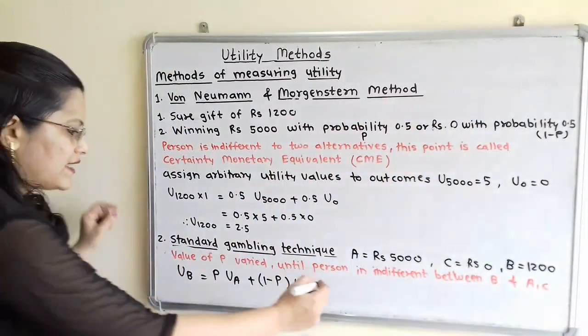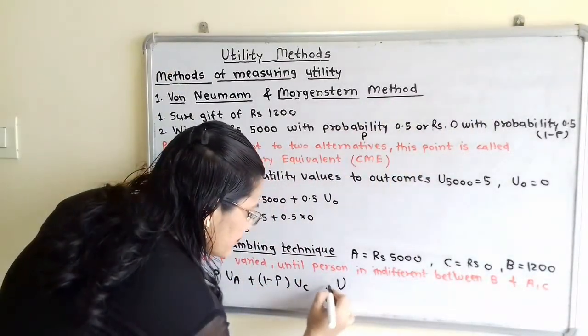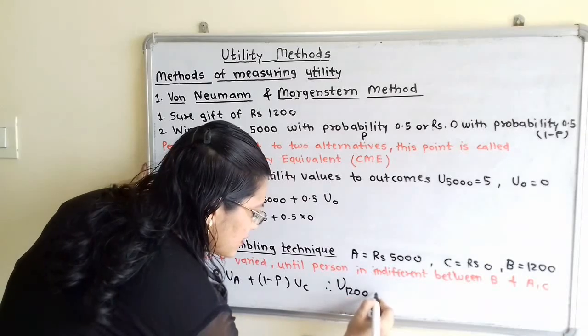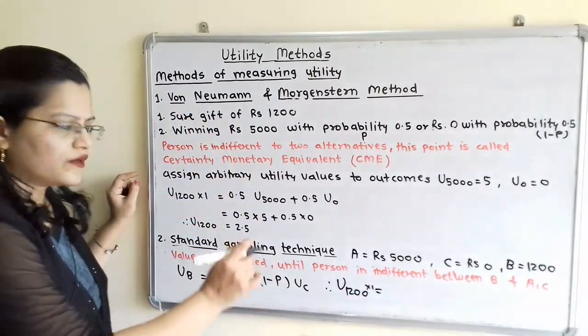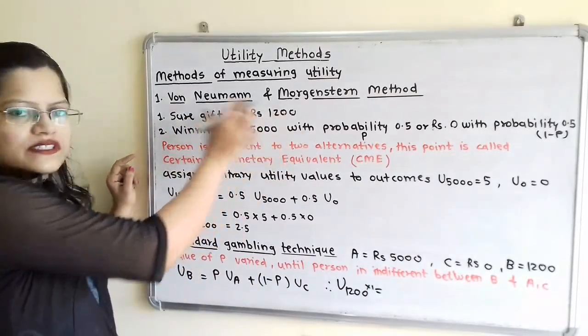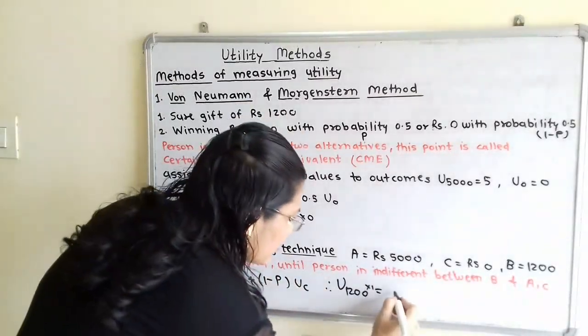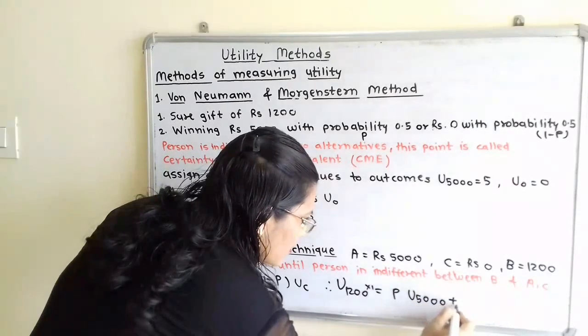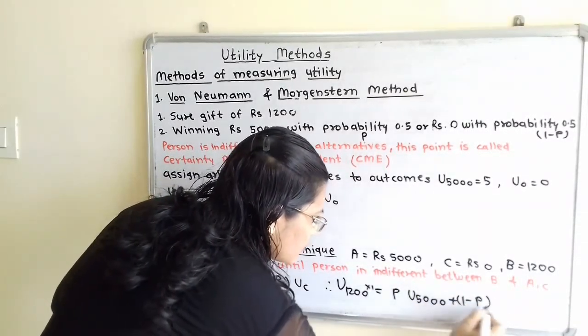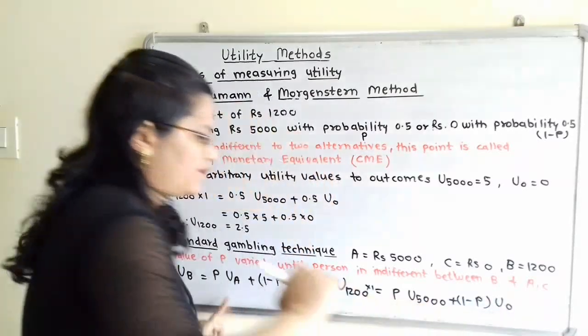That means we can say that U1200, and here the probability is 1, so we can mention 1 here, because it is always 1 as this is sure, is equal to P into U5000 plus 1 minus P into U0.